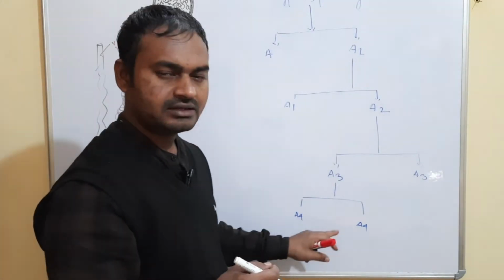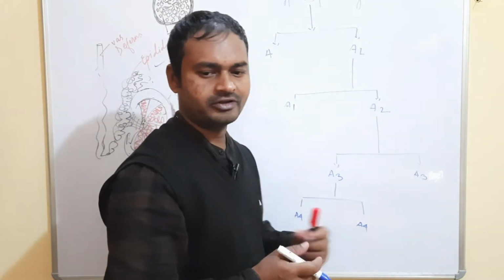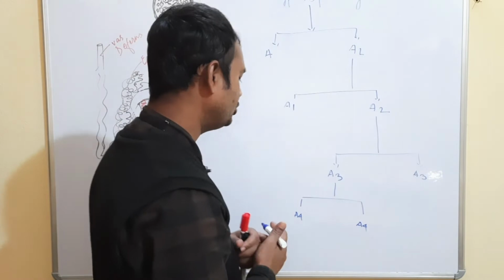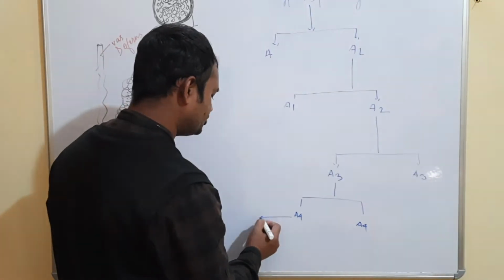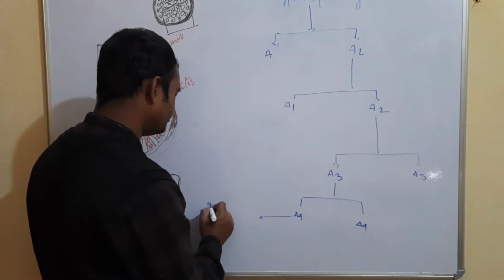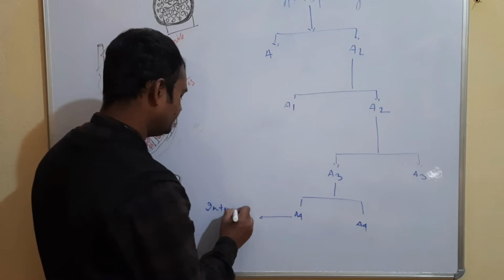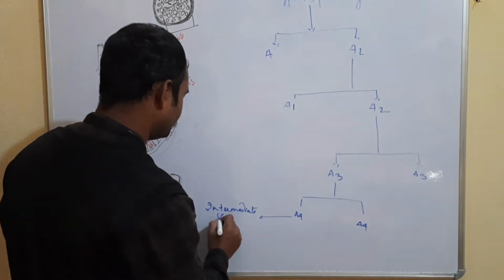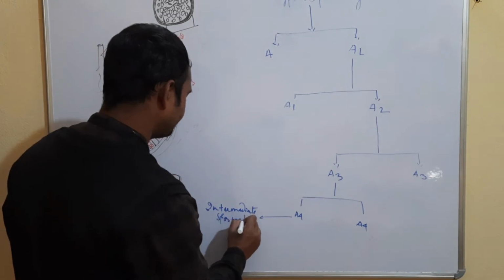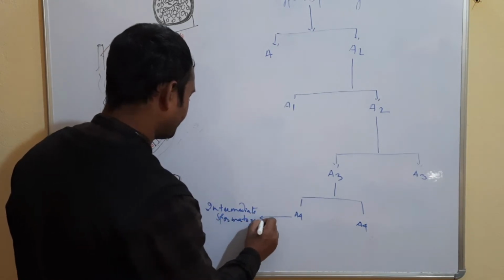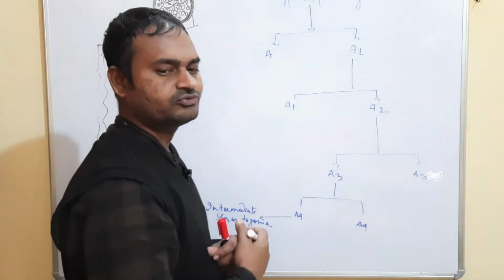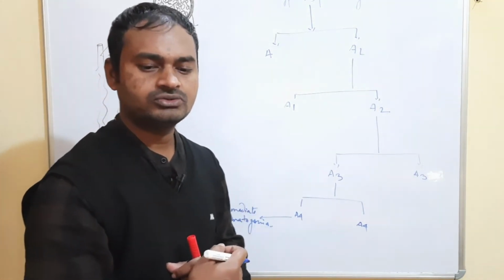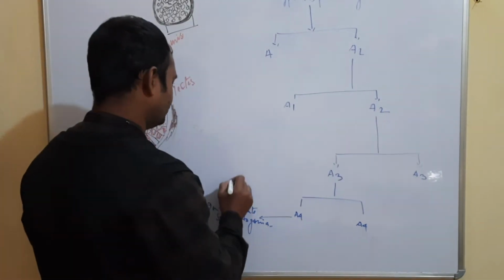The cell A4 further divides mitotically to form intermediate spermatogonia, and then type B spermatogonia.